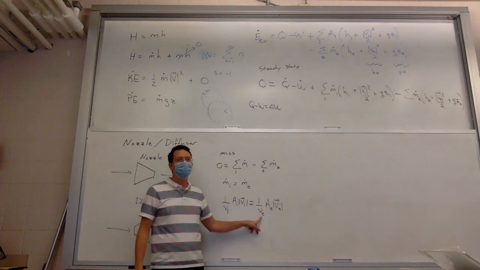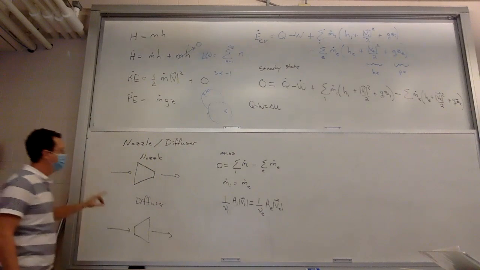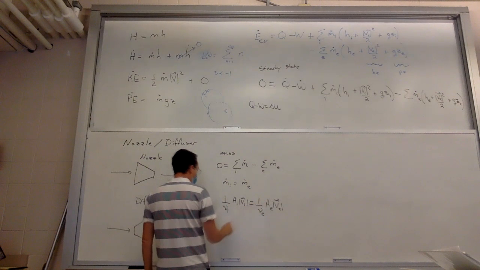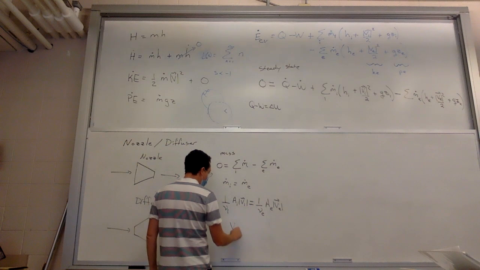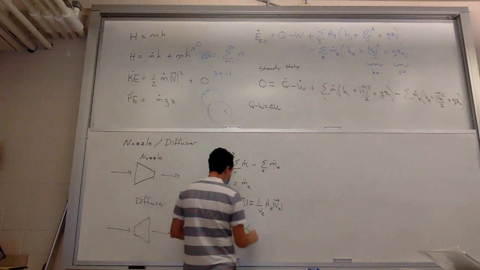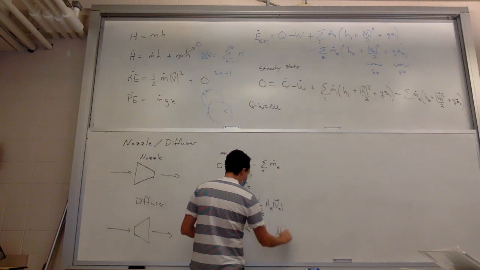But the intuition is still there. Right? Very good. So we learned that the velocity of the exit tends to be greater than the velocity of the input for a nozzle.